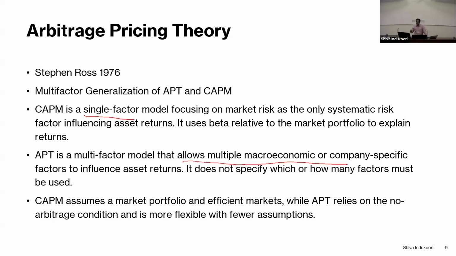In the case of the 3-factor model, it is market return, HML and SMB. They're fixed. But in the case of arbitrage pricing, you don't know, but you know a factor is influencing. So Ross calls it a macroeconomic factor, which is external and uncontrollable, or a company-specific factor, which influences your investment returns.